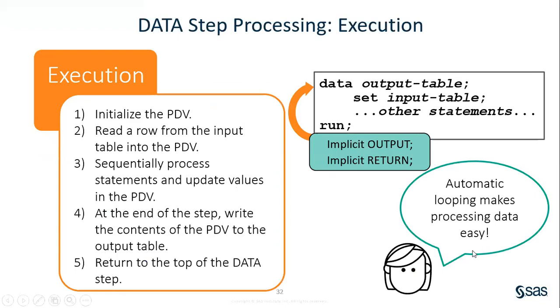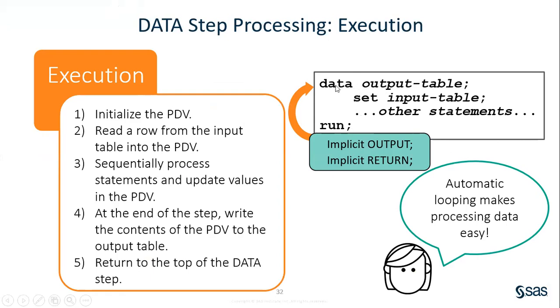Now, how is a data portion created? Well, now it moves into the execution phase where it reads data from your input data row by row. So when this is your data step, again, when it moves into compilation phase, it reads your statements from top to bottom, from left to right.